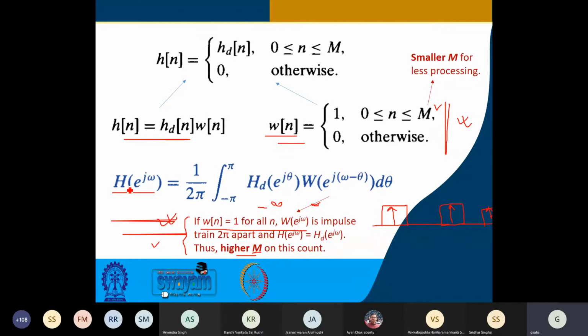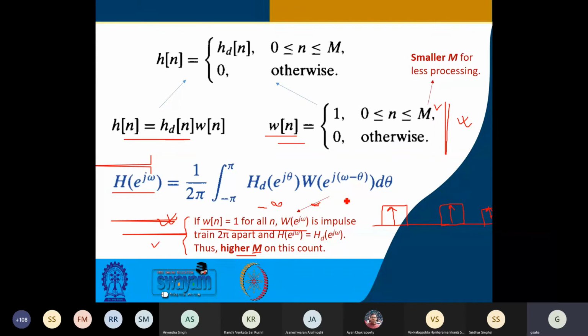It says for any specific value of omega, you have calculated the HD(e to the power j theta), where this HD(e to the power j theta) is varying from minus pi to pi, the entire range, because that is the frequency range over which it is unique.